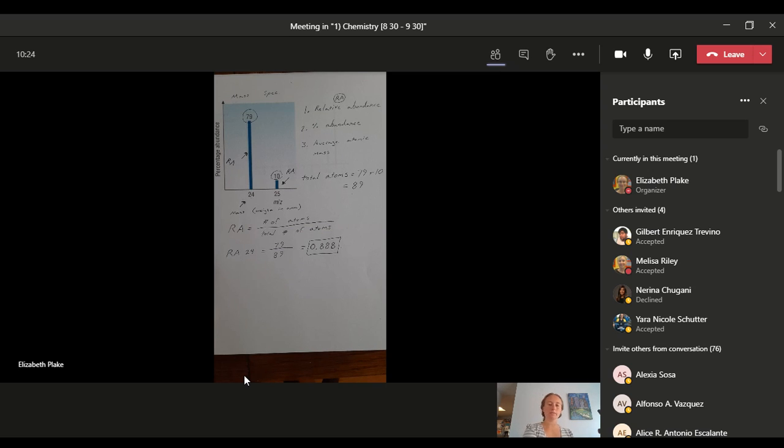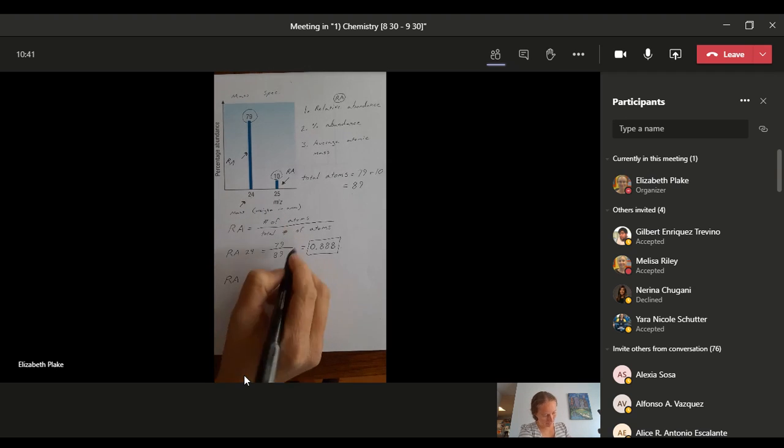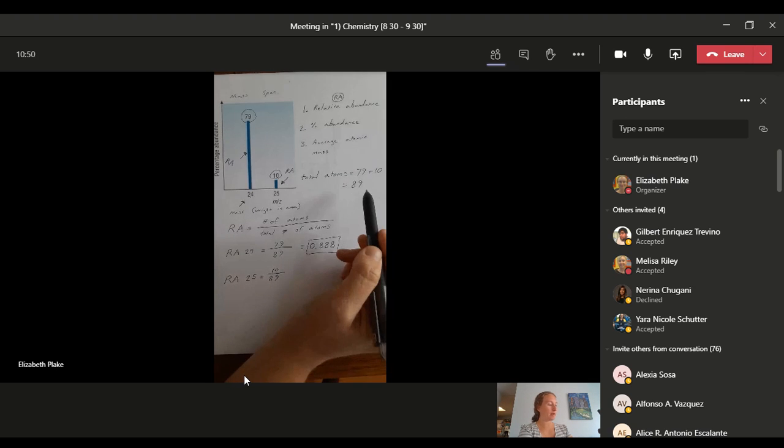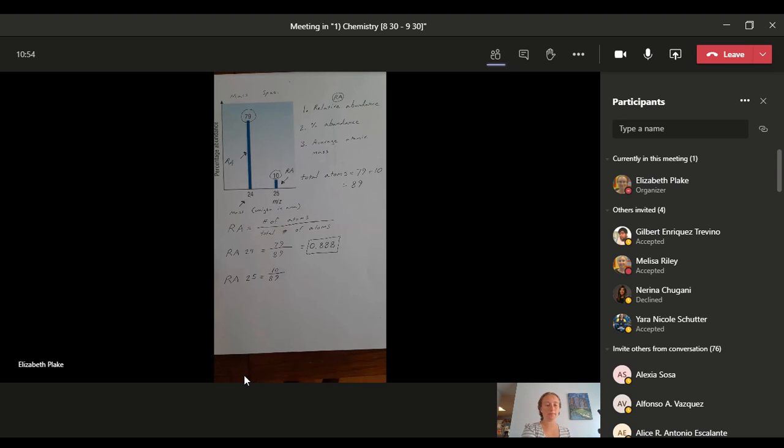My second relative abundance, I'm going to do the exact same formula, but I'm going to be calculating it for my mass of 25. So my relative abundance of 25 is going to equal the 10 atoms that weigh 25 AMUs divided by my 89 total atoms. And remember, I got that by adding my 79 atoms and my 10 atoms together.